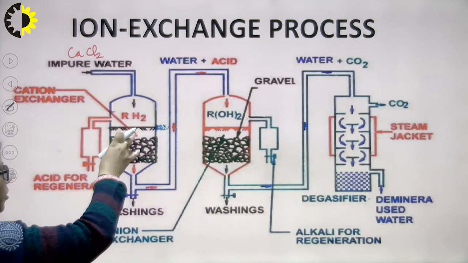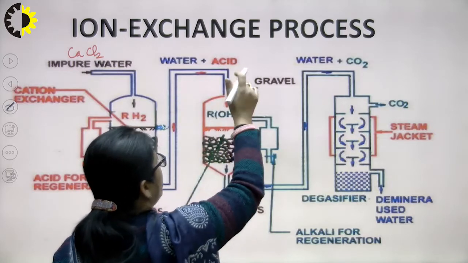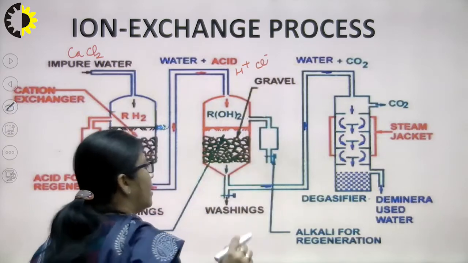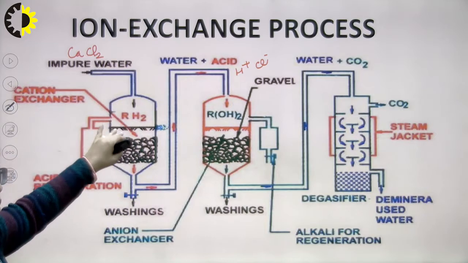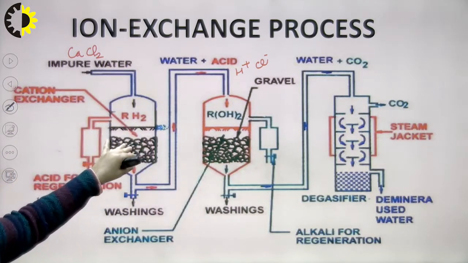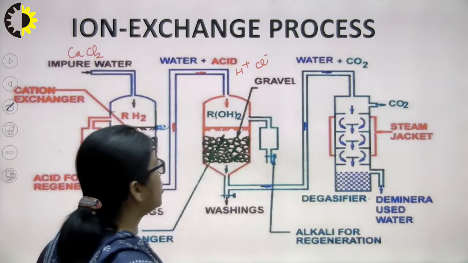Now, the water is going to pass here. This water will contain H plus and different anions, whether chlorides or sulfates. So, different anions are going to be present. All other cations, whether calcium, magnesium or heavy metals, are going to get fixed here. Now, this water will be passed through the anion exchange resin.